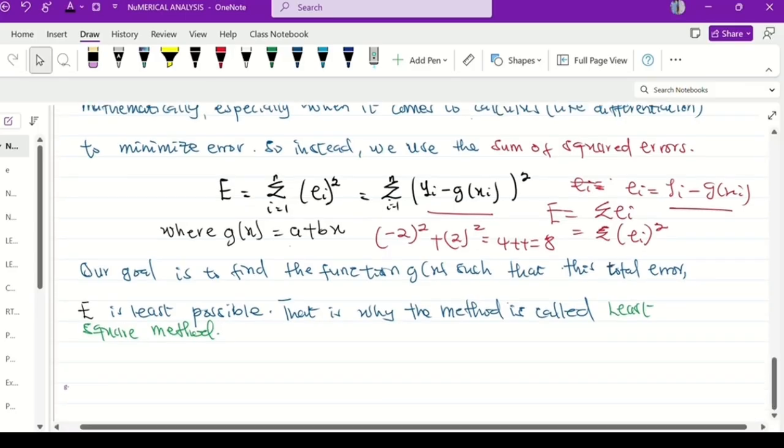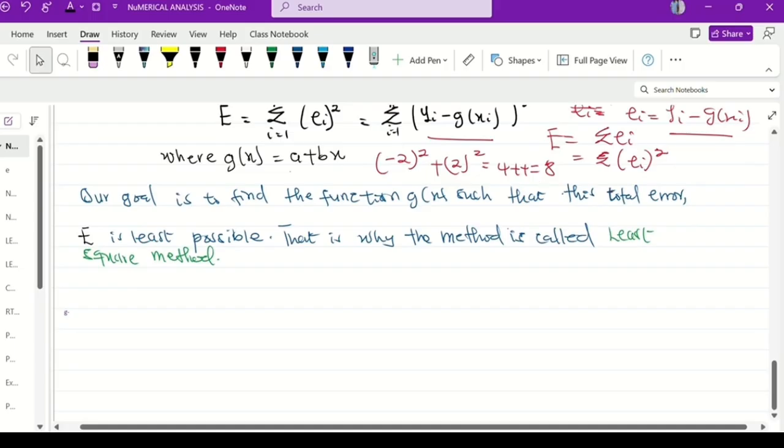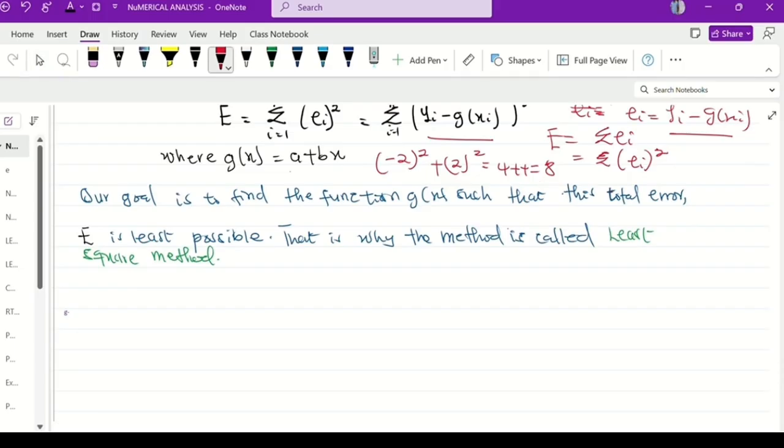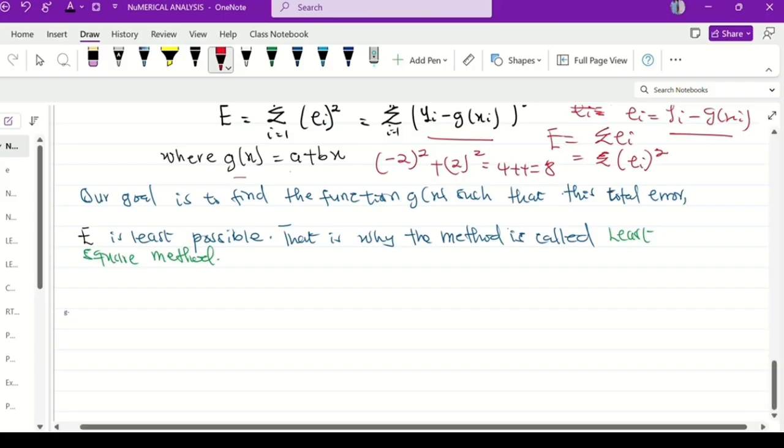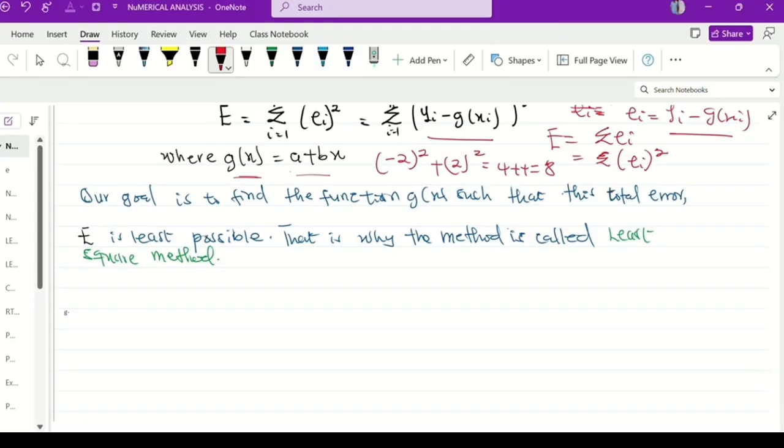So instead of taking the absolute values, we consider the sum of squared errors. And don't forget that our g of x here is a plus bx. Now our goal is to find the function g of x such that this total error E is least possible. That is why the method is called the least squares method.